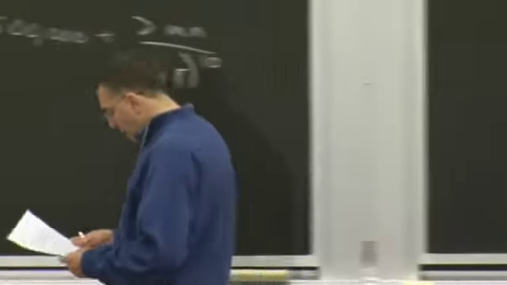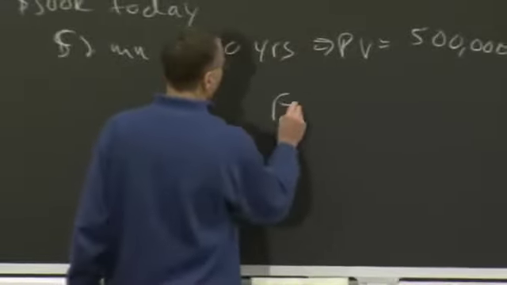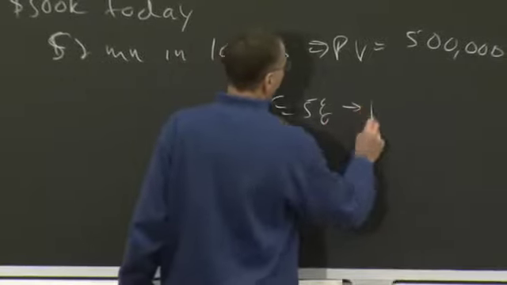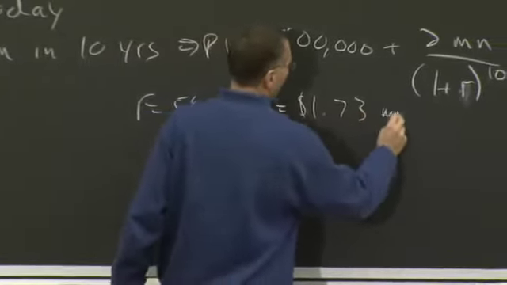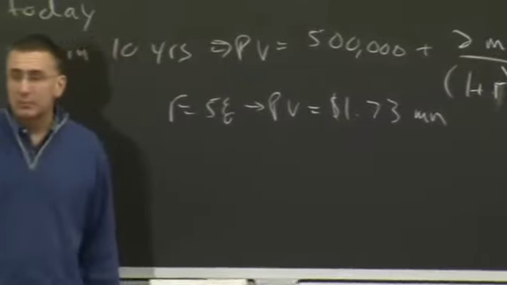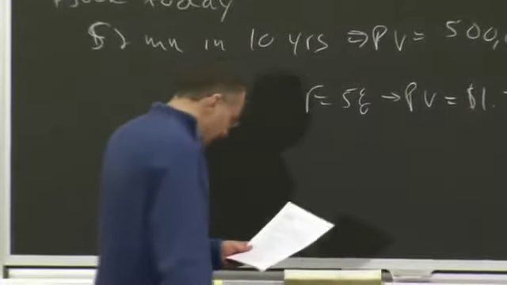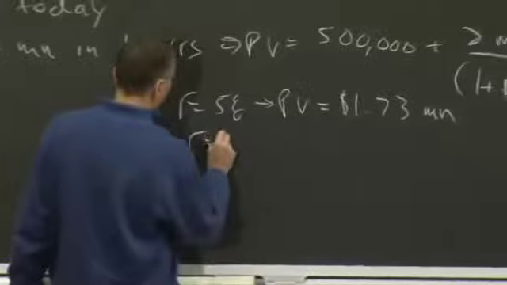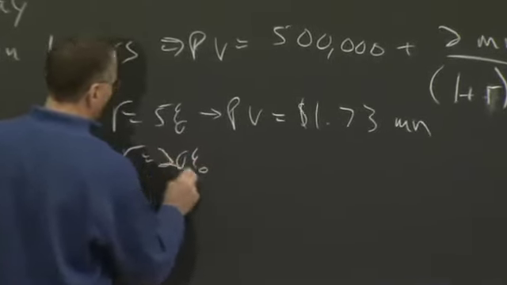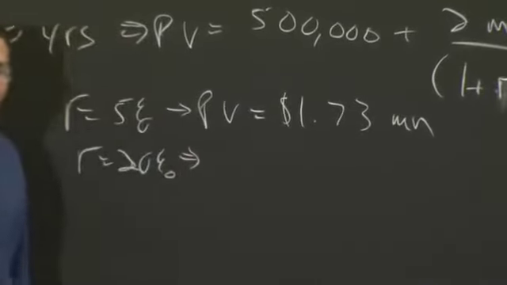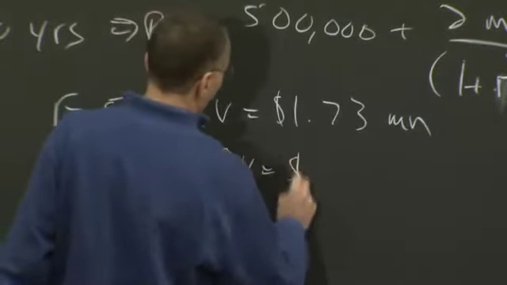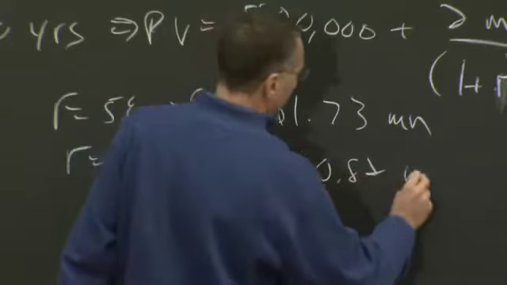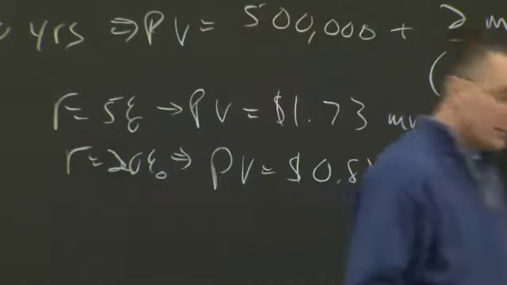If R equals 5%, then the present value of this second contract is $1.73 million. So that is a good deal. On the other hand, if R equaled 20%, as there was back in the late 70s, early 80s, then the present value is $0.82 million. So it's not a good deal.